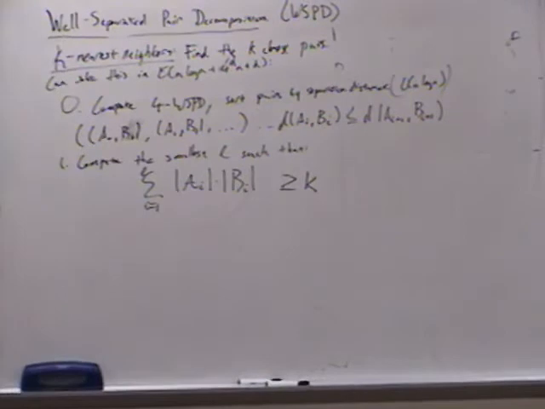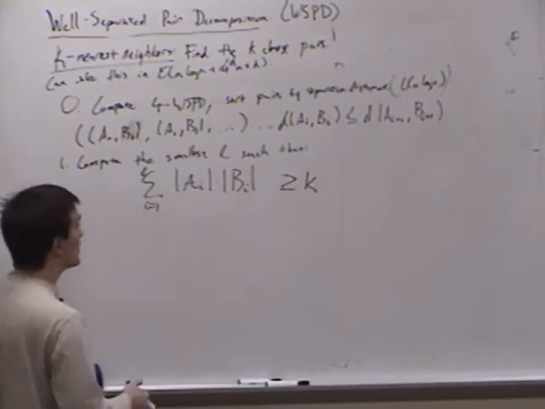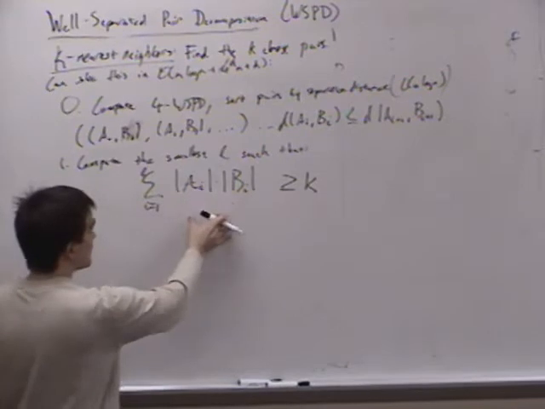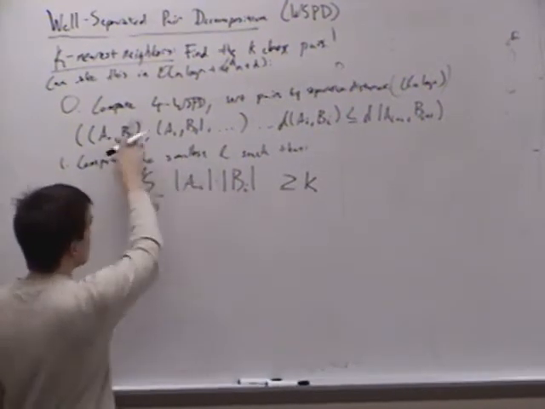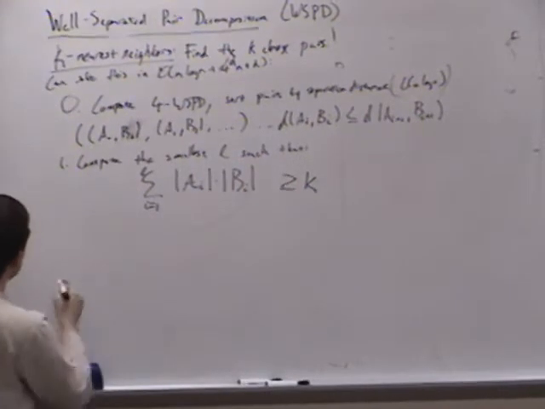You could do this through a simple brute force linear scan, because calculating these two sizes is a constant time operation. This is basically counting the number of pairs if we compute all the interactions that are represented by each of these well-separated pairs.